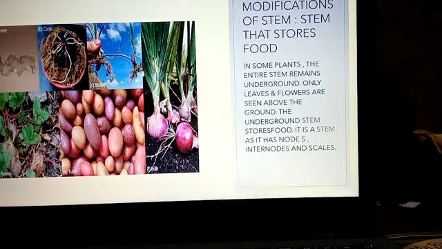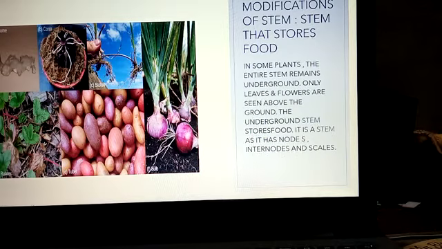In some plants, similar to the root, the stem also stores food. In some plants, the entire stem remains underground. The stem part will be present inside the soil. We can see only the leaves and flowers above the ground, children. The remaining stem part will be under the soil.